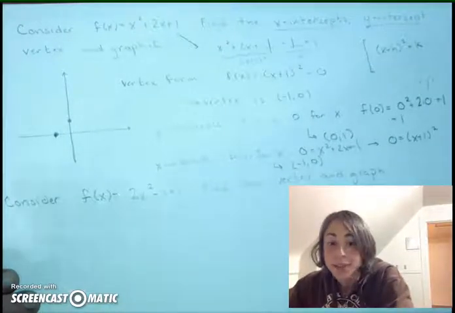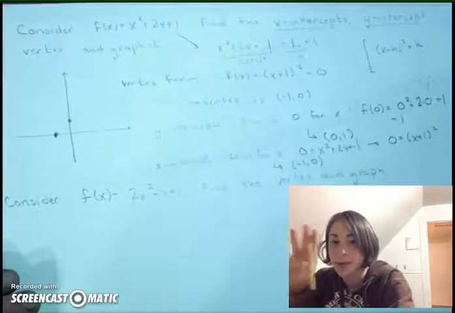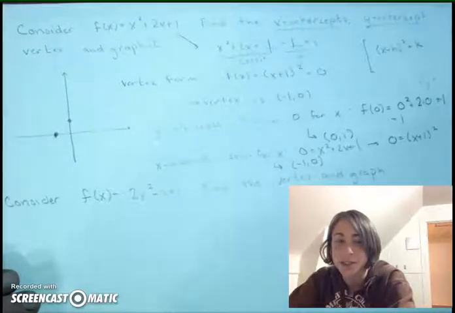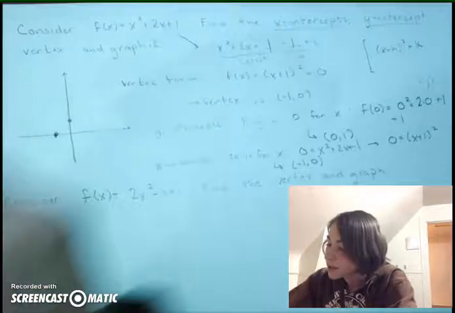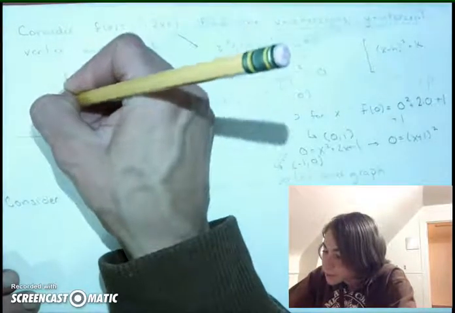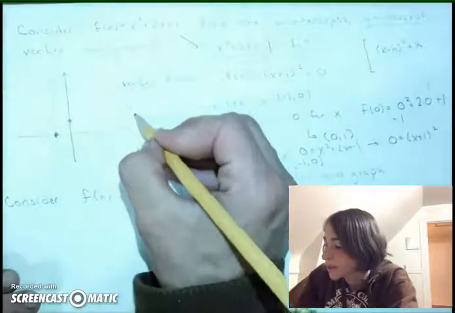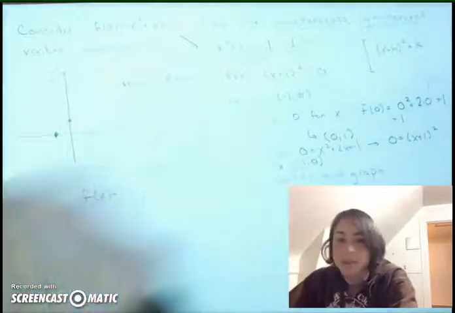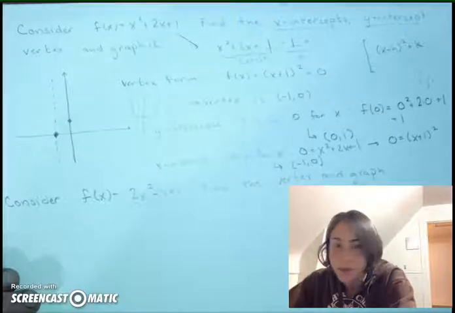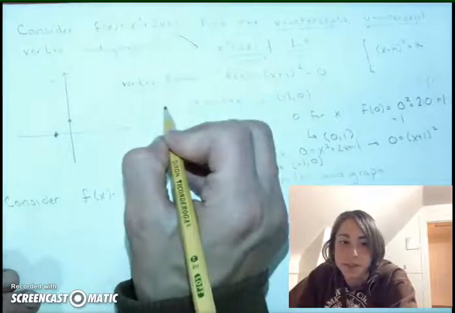But I told you that you need 3 points in order to determine the parabola. So we need to find one more. One good way to do this is by using symmetry. I know that a parabola is symmetric across the axis that goes through the vertex. This side is a reflection of this side.